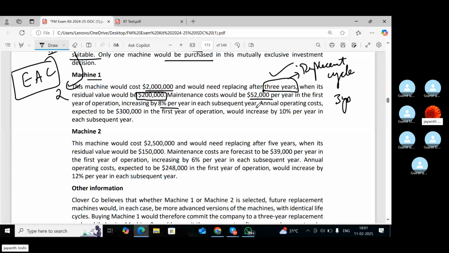It would cost this much, and the replacement cycle is 5 years. Residual value is this. Maintenance costs are this per year, and it is going to increase by 6% per year. Annual operating cost is expected in the first year of operation, and it is going to increase by 12%.